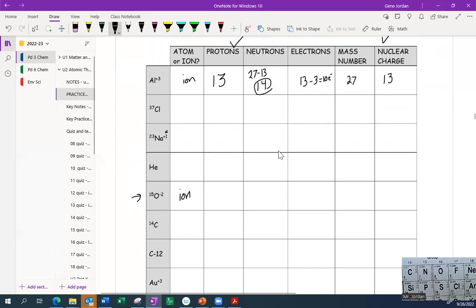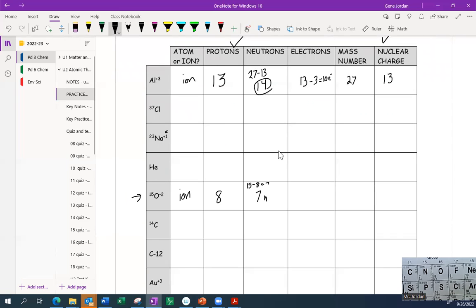Number of protons. Well, the oxygen has no choice. It always has 8 protons. Its atomic number is 8. Now, its mass number is 15, which they give us this time, so I just have to take 15 minus 8, and that's 7. And that's why there are 7 neutrons.